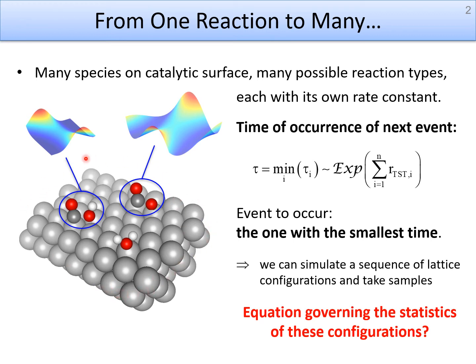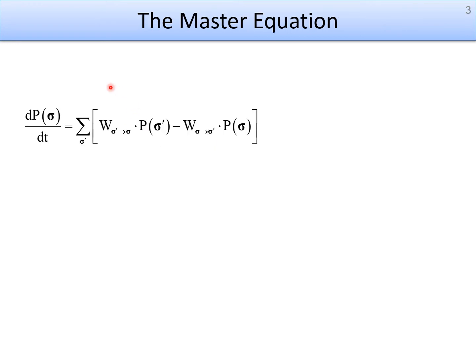In the same way as we did in the previous lecture when we were looking into the statistical mechanics of condensed phase systems, in which we had this one-dimensional lattice with an occupation variable, etc. So when we do the simulation here, we're going to be simulating a sequence of lattice configurations, and the question is what is the equation that governs the statistics of these configurations. Indeed, we can formulate such an equation, and this is called the master equation.